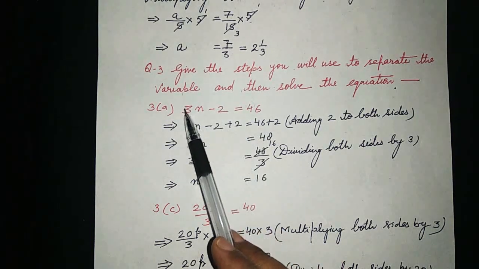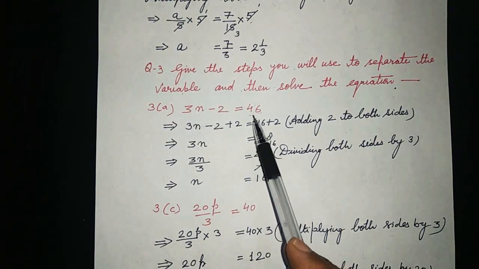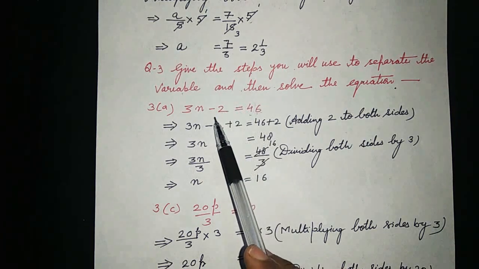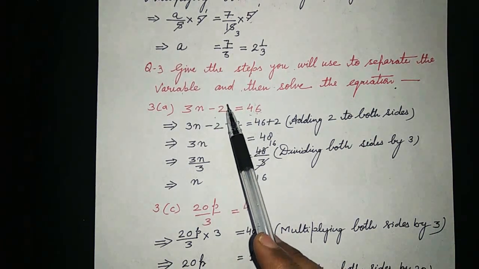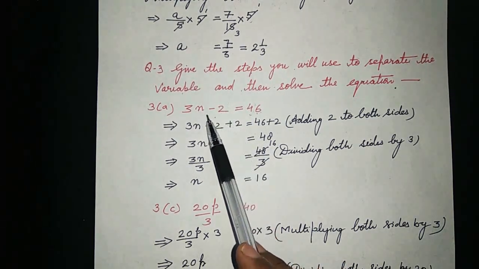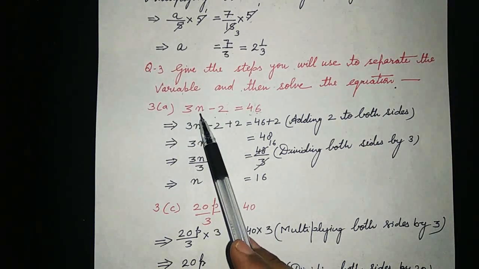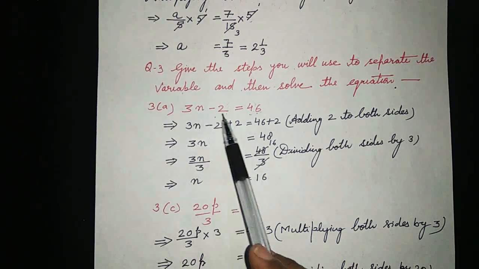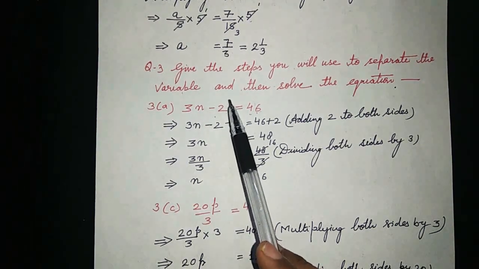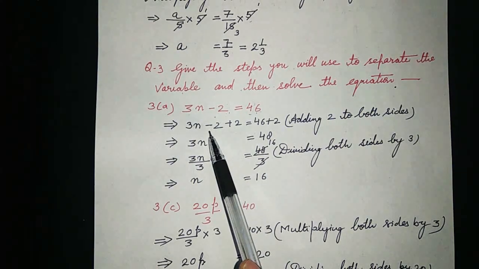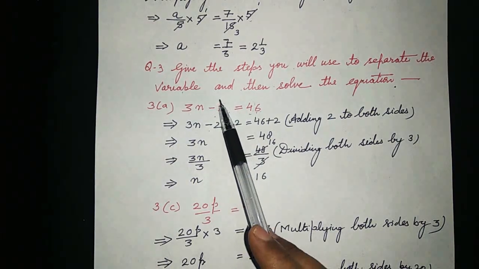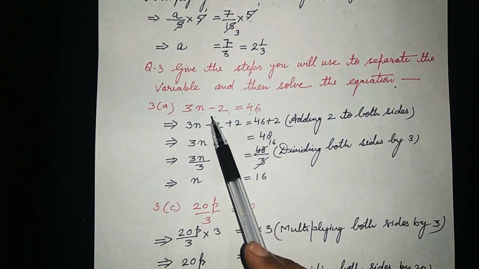In the A part of the question 3, equation is 3n minus 2 is equal to 46. In this equation, you can see this 2 is with minus sign and 3 is in multiplication with this n. So obviously you will use 2 steps. So first what we will do? We will separate minus 2.